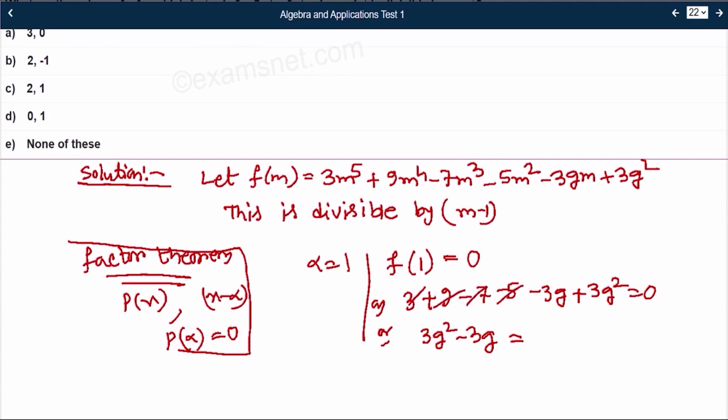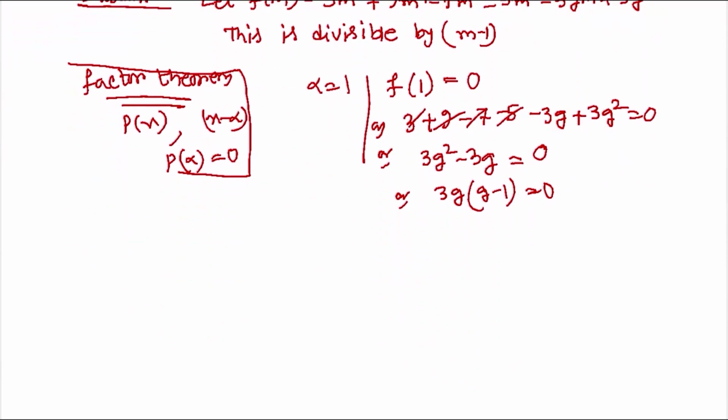Okay, this got cancelled, 0. So that means 3g square minus 3g, that is 3g times g minus 1, equals 0.